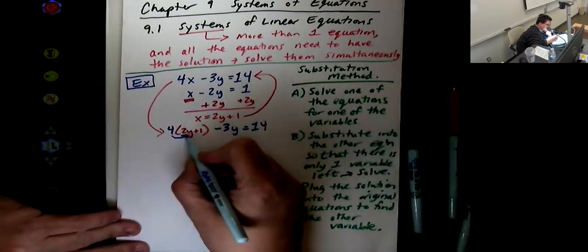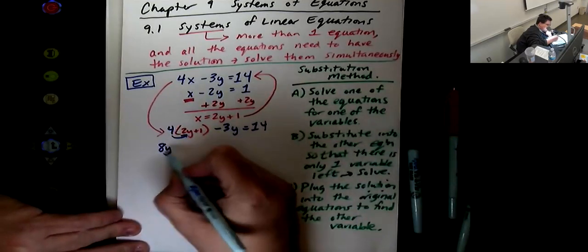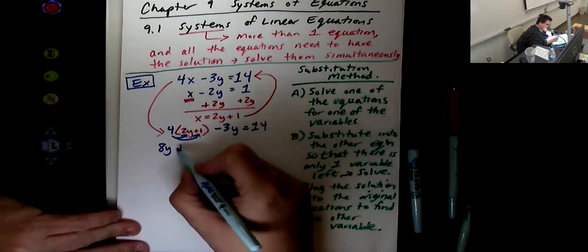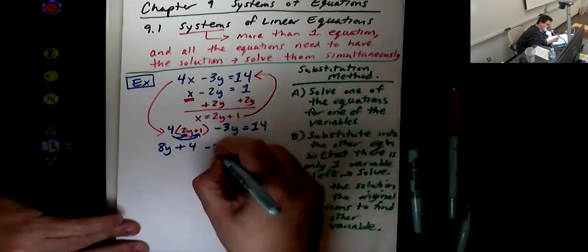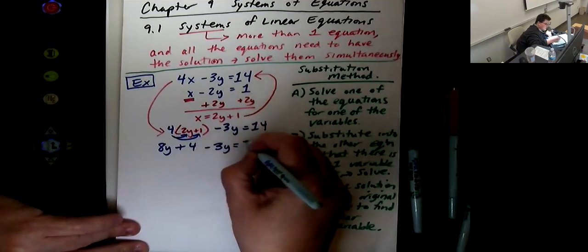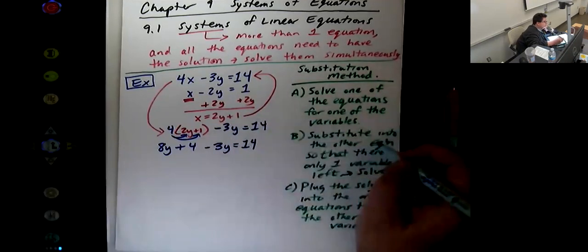So 4 times 2y is 8y, and 4 times 1 is plus 4. And I still have minus 3y equals 14.